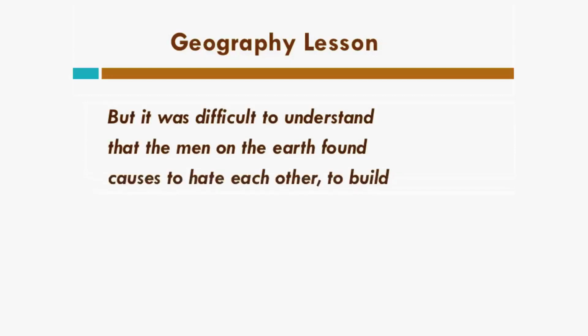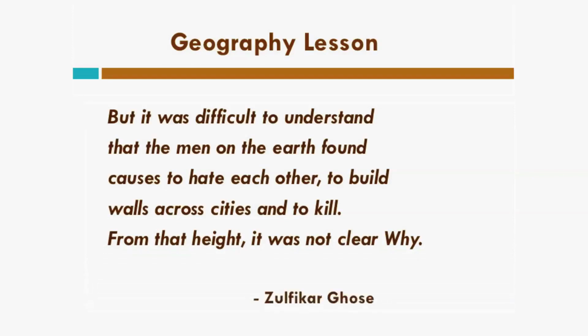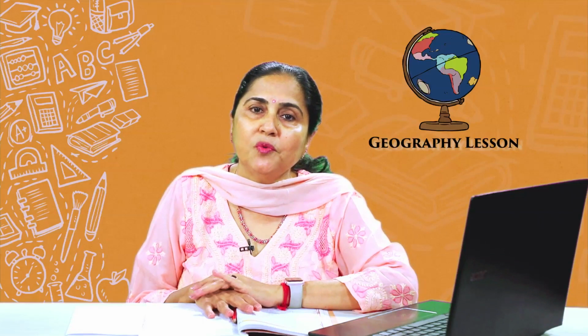But it was difficult to understand that the men on the earth found causes to hate each other, to build walls across cities and to kill. From that height, it was not clear why. So, the poet raises a very pertinent question.